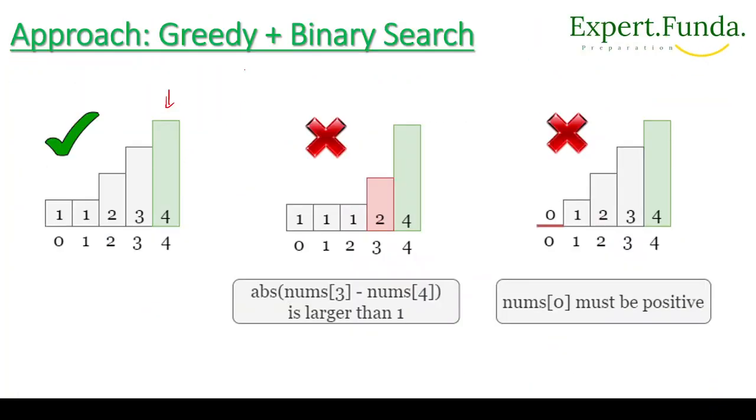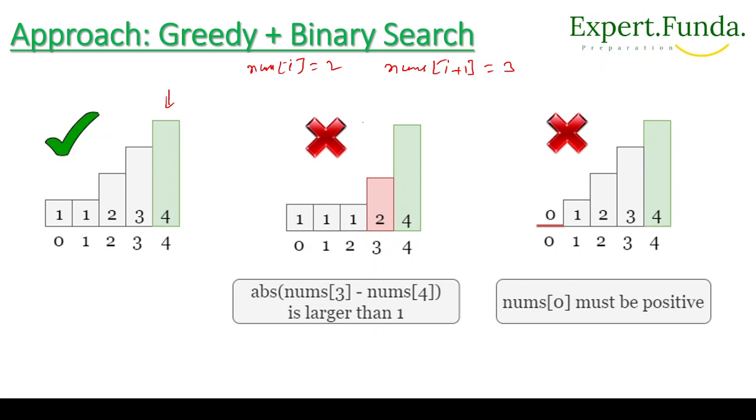So it is saying that if I take, let's suppose, nums at i is 2, then nums at i plus 1 should be either 3 or 1.